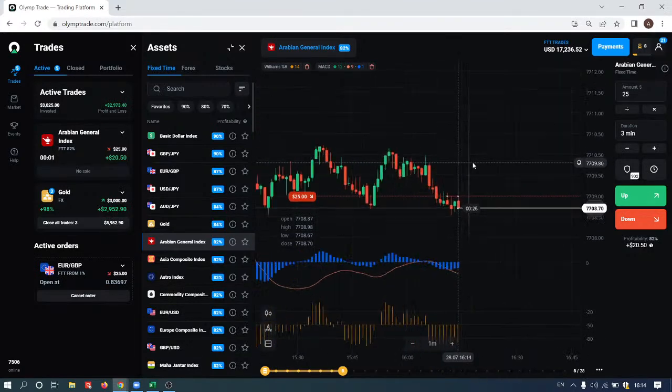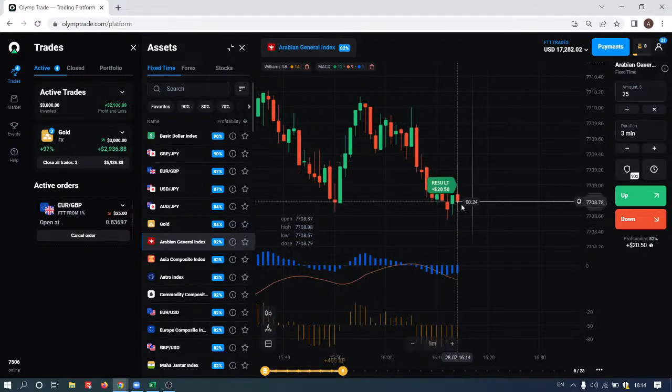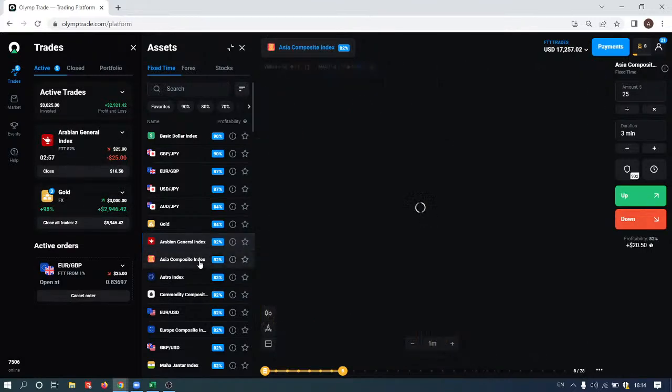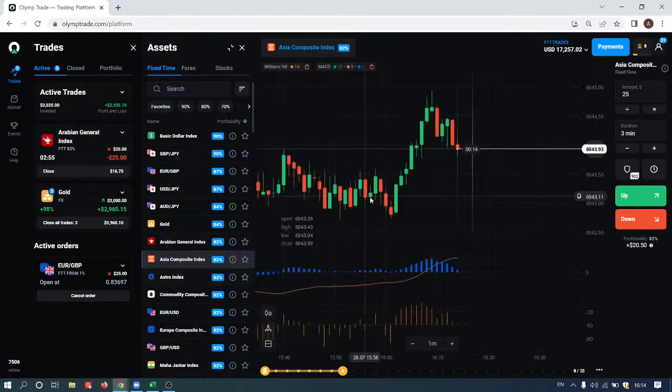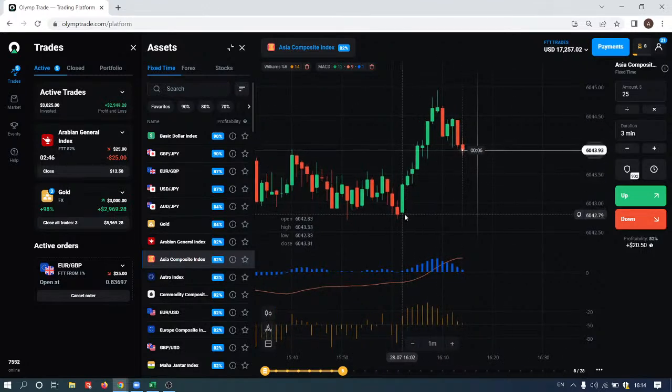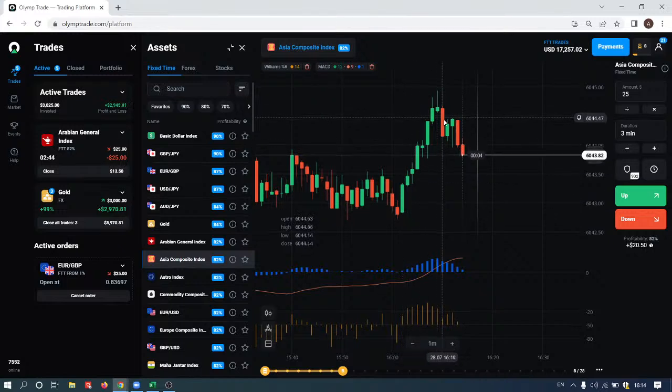So I'm thinking about this Arabian General Index, and yeah, the two layers of confirmation are there. So hopefully this trade will close with a profit as well. Now, Asia Composite Index. All right, so we went up, and now we are making this little pullback.